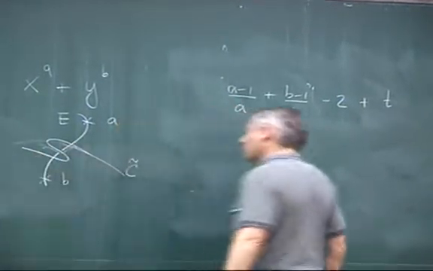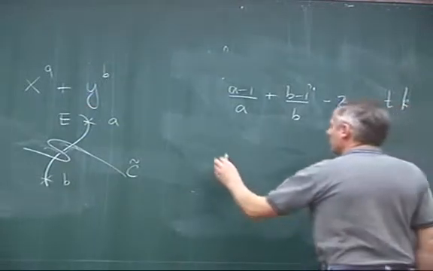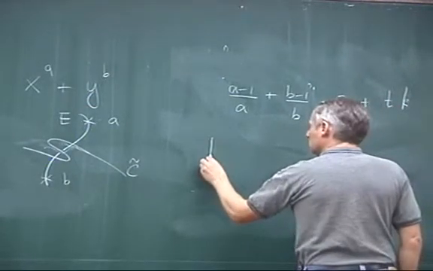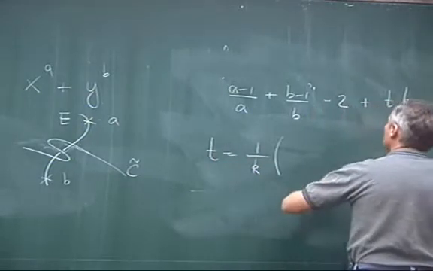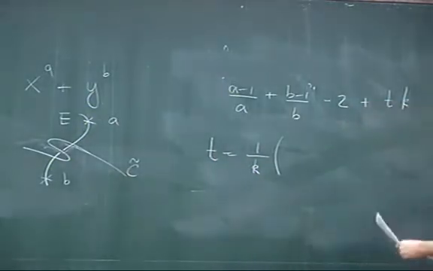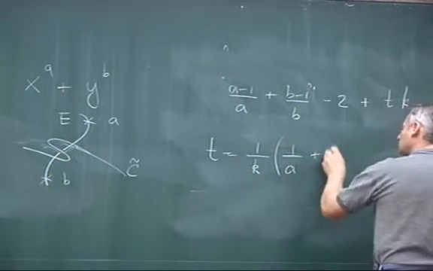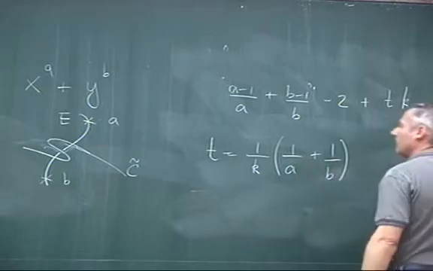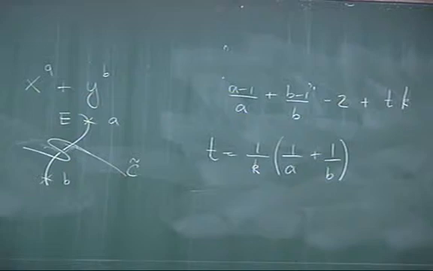So t times k. You're going to get something of the form t is 1 over k. Oh, bloody hell. I guess it's 1/a plus 1/b, right?